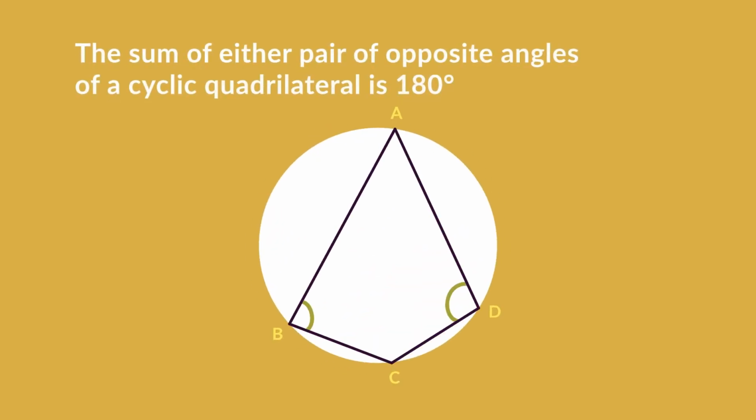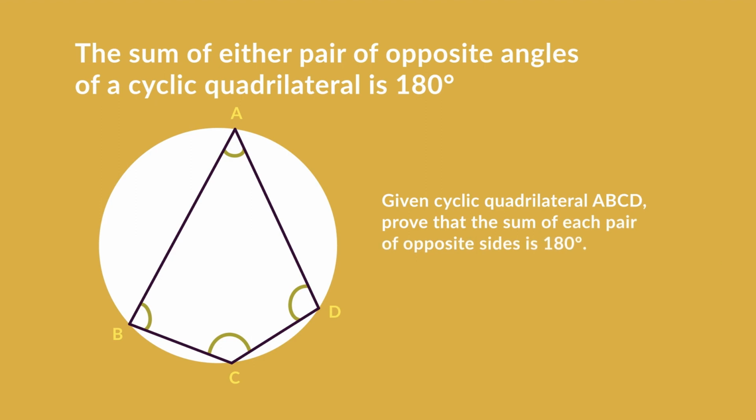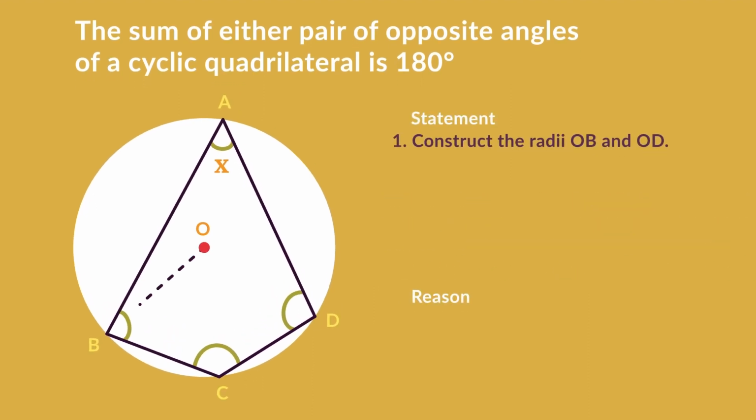We'll start with proving: the sum of either pair of opposite angles of a cyclic quadrilateral is 180 degrees. In this diagram, ABCD is a cyclic quadrilateral and the centre of the circle is O. Draw in the radii OB and OD, which divides the central angle O into angle O1 and angle O2.